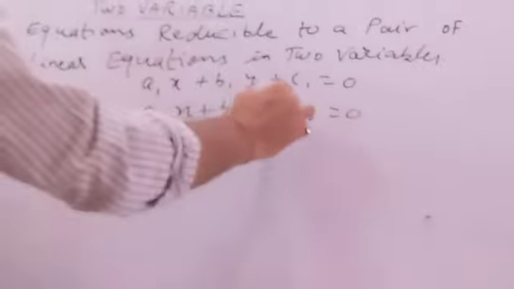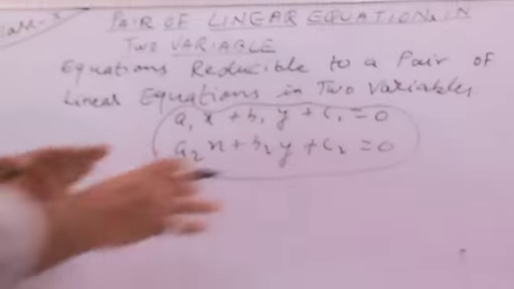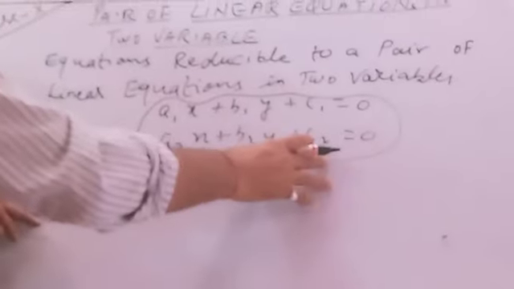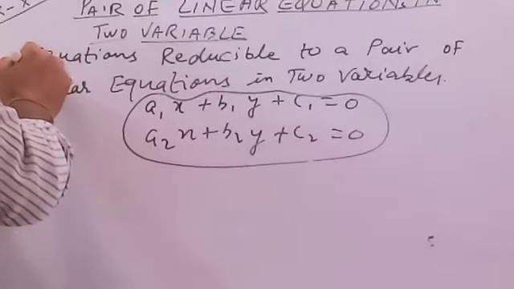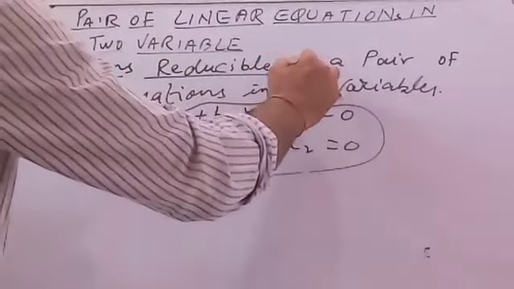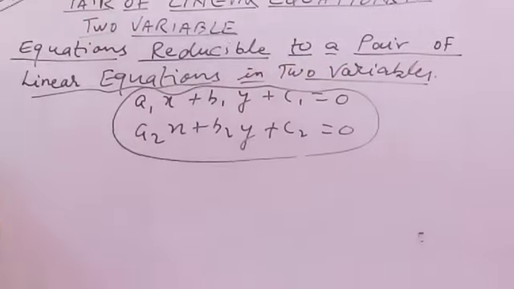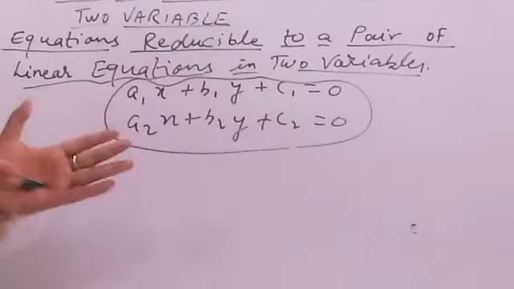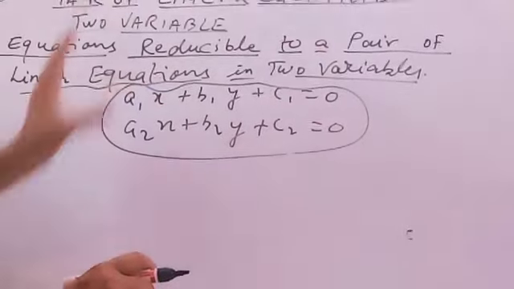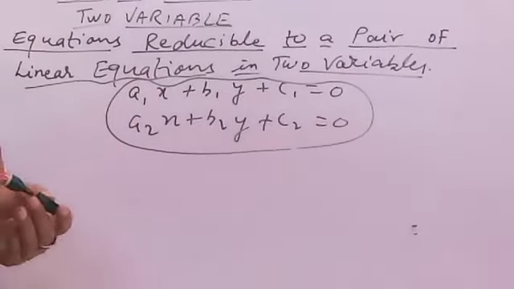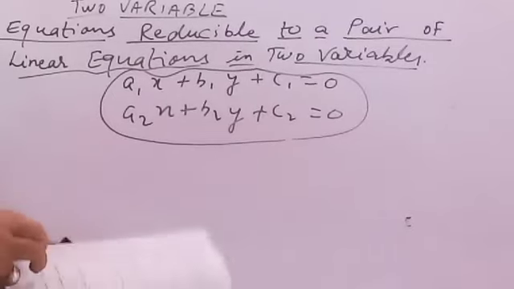This is the general form of a pair of linear equations in two variables. The questions will not be given in this format, so we will reduce them to this format. For that this topic is given. Whatever the situation given, our first target is to change it into this format, and then solve the equations.